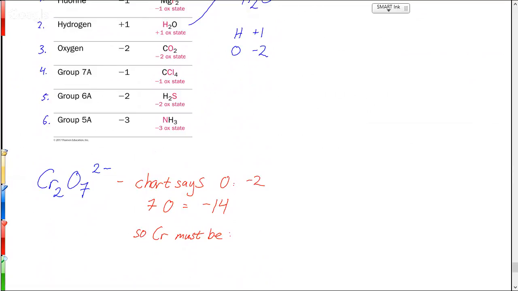So what plus -14 is -2? Yeah, so we need a total of 12, so chromium must be +6. 2 times +6 plus -14 equals -2, the overall charge of dichromate. So in dichromate, chromium has a +6 oxidation state.